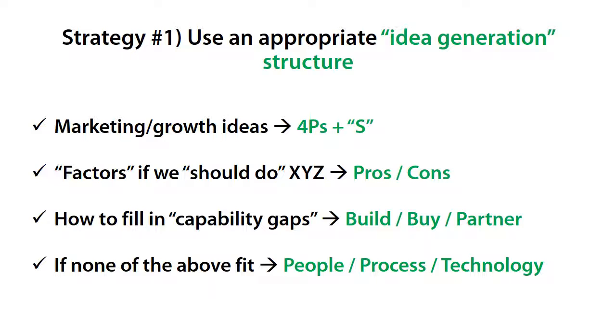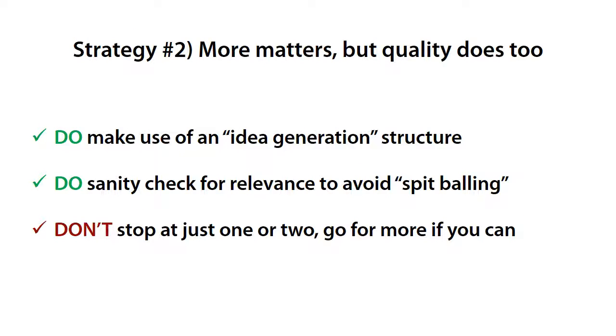If you need to fill in gaps in, say, capabilities, consider using the framework build versus buy versus partner. And lastly, if you're stuck and you just need a catch-all framework to use, thinking in terms of people, process, and technology could help.